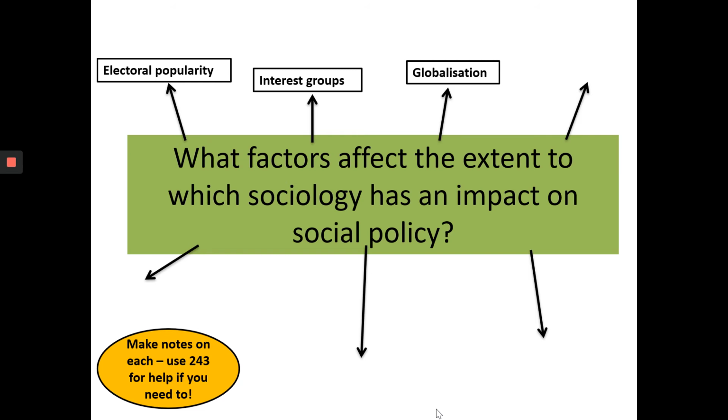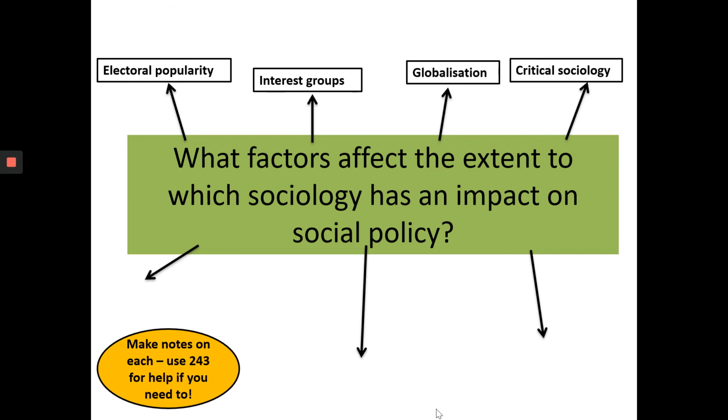Do they believe that globalization is a good thing? If you think about Donald Trump, he's slightly anti-globalization because his big campaign was about making America great again. So he might not be in favor of policies from sociologists that further the interests of globalization.